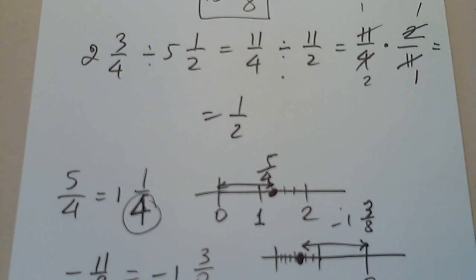So the first one was a multiplication. Now this is a division of mixed numbers. Please stop me if you want to work on any of these. If it's a yes, please say yes. But we can go back.